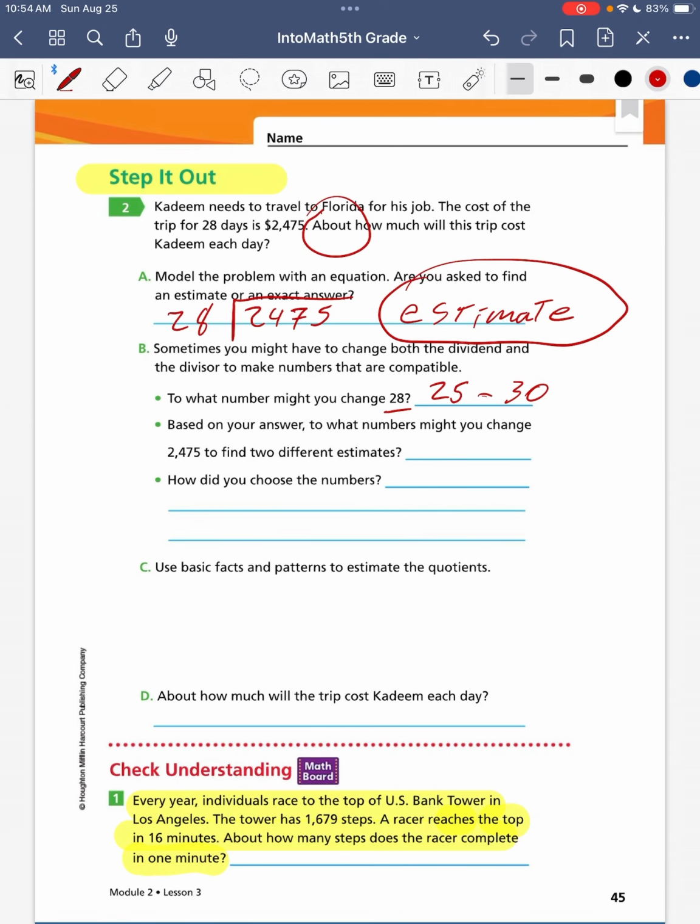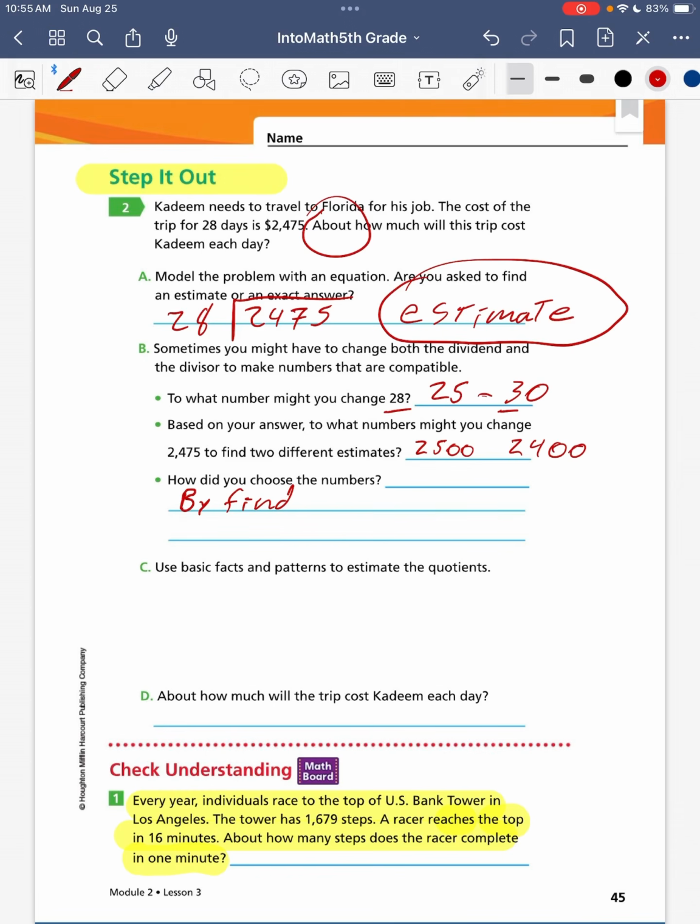Based off this, what numbers might I change 2,475 to find my two different estimates? Well, I may want to change 2,475 to 2,500, or because I know that 30 can go into 2,400 evenly, I can use either of these numbers. Now, this isn't us exactly rounding to the nearest 100, but finding compatible numbers that we can use. How did we choose these numbers?